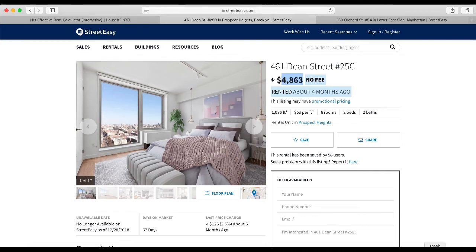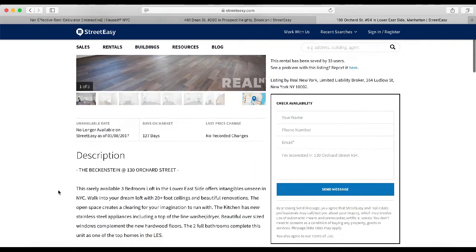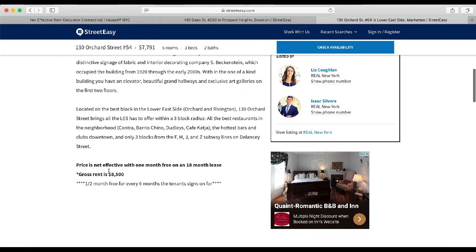If you'd like, we can do another example. Let's take a look at this unit. This is a rental building in the Lower East Side, the former garment district of the LES. In this case, if we look down towards the bottom, again, we see a disclaimer here: price is net effective with 1 month free on an 18-month lease. The other thing they would say here is half month free for every 6 months the tenants sign on for.